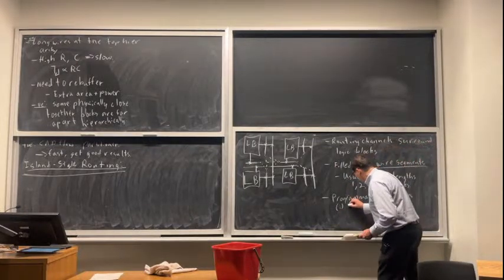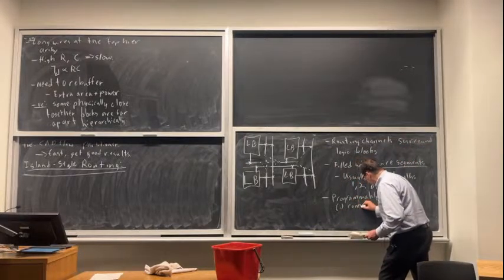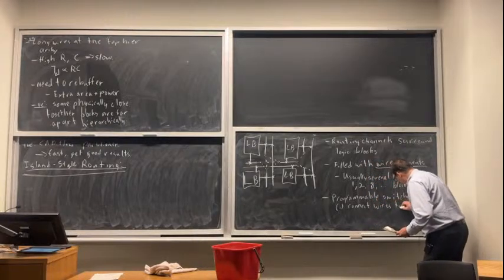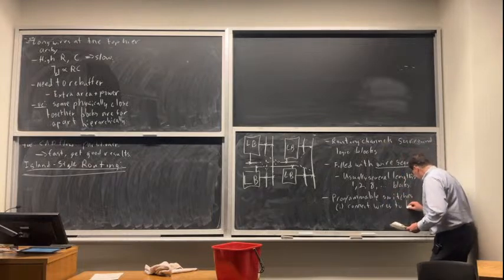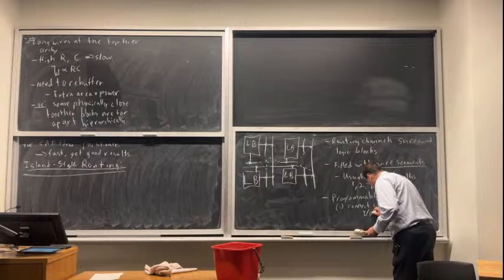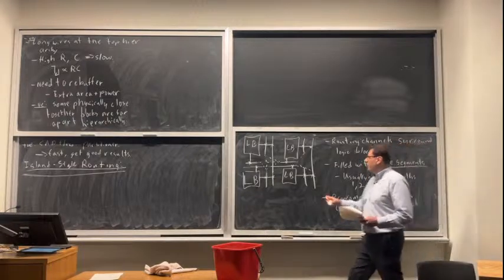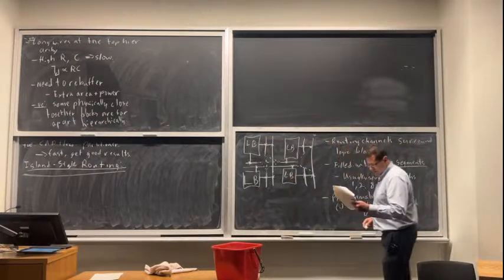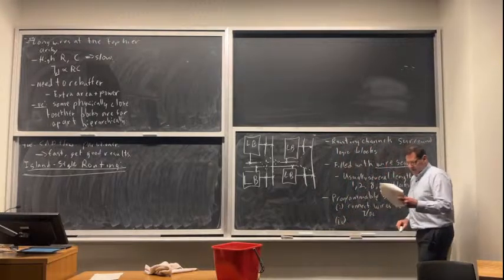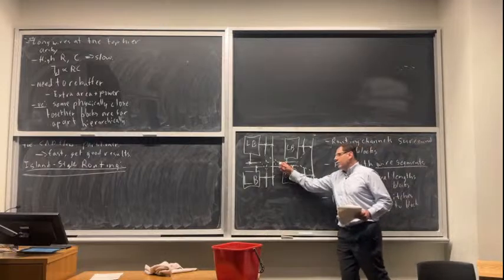Some of them connect wires to the IOs of these blocks. That's what I drew with these little X's. And then the other kind of programmable switch, which I drew as dashes, connects the routing wires to each other.